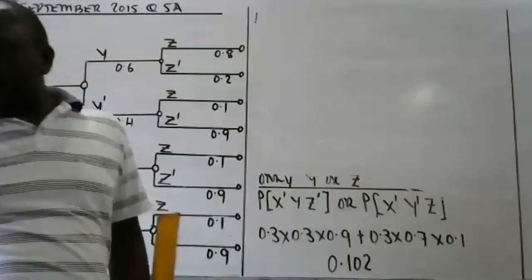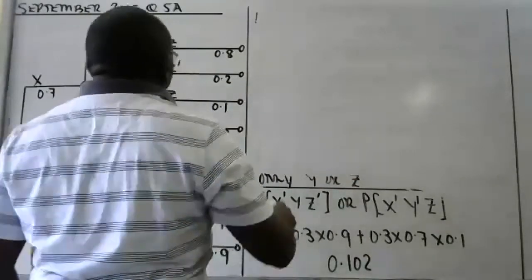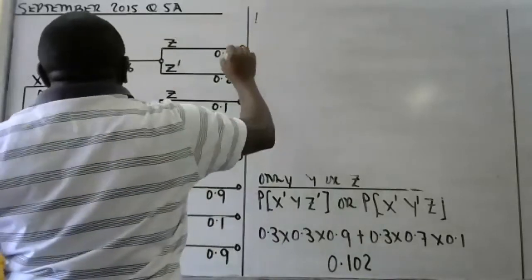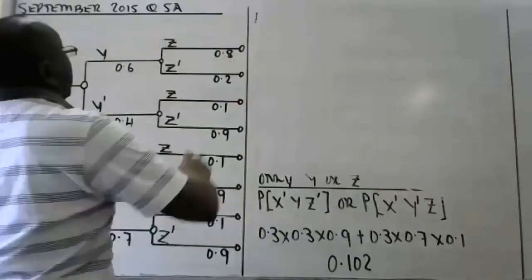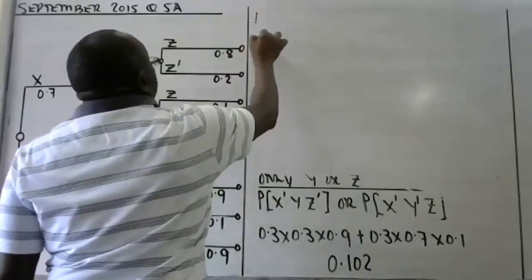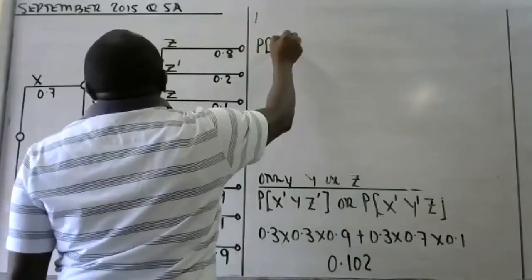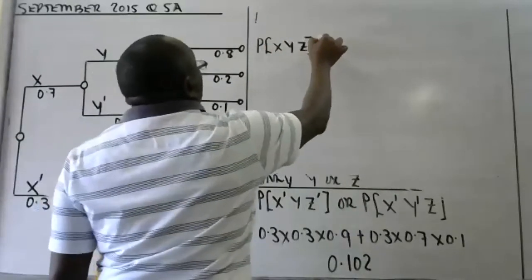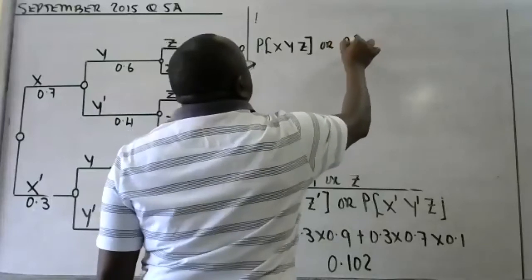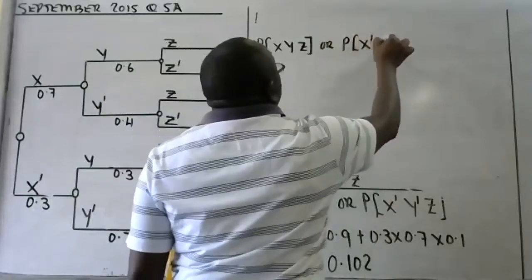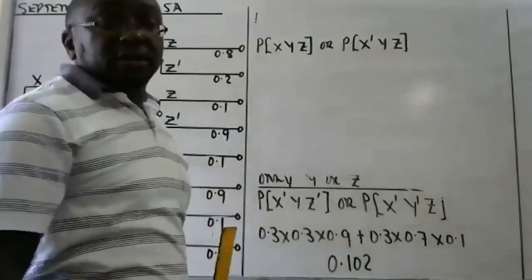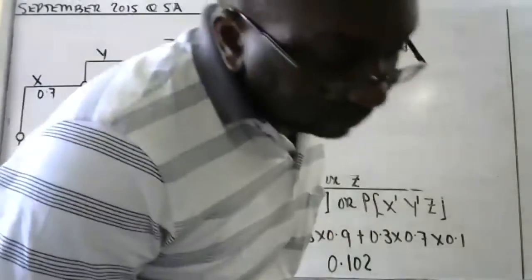So where both of them are working, it is probability that X is working, Y is working, and Z is working, or probability that X is not working, Y is working, and Z is working. Because we want where Y is working, given that Z is working.